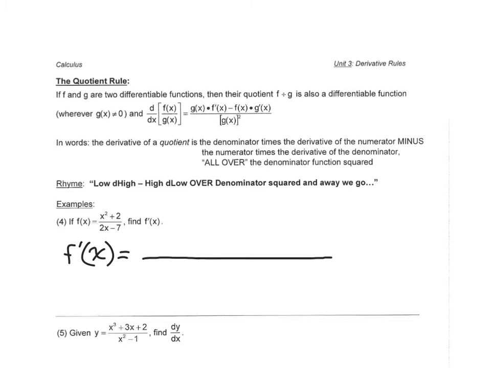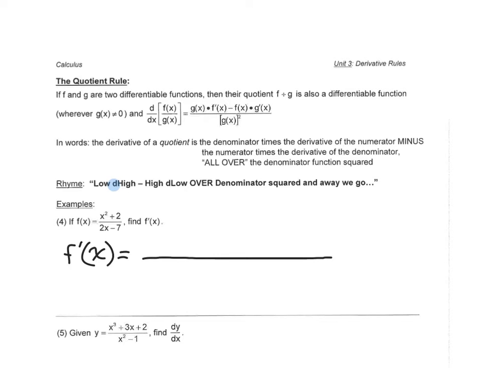Then I became a teacher, and everybody has a mnemonic device for everything, and so somebody told me this one: low d high minus high d low over denominator squared, and away we go. If you like it, cool. If you don't, then all right. The low part represents the denominator. The D stands for derivative.